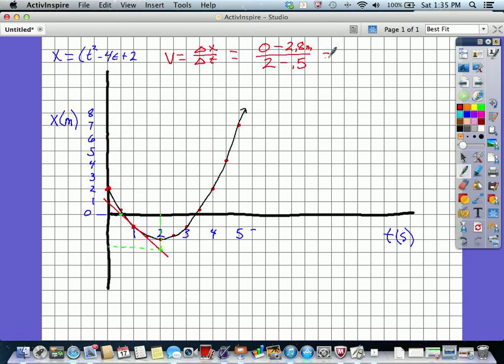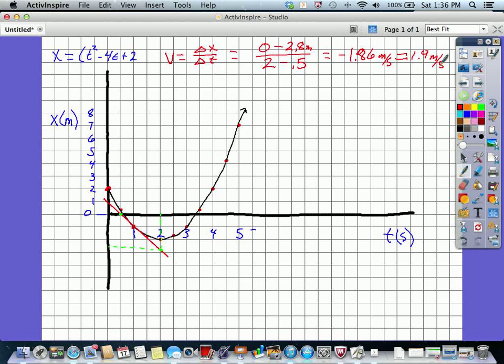And go ahead and evaluate that, and we can determine graphically about what our velocity is. Doing this, I get at that point in time about a minus 1.86 meters per second, or 1.9 meters per second, roughly. Okay?